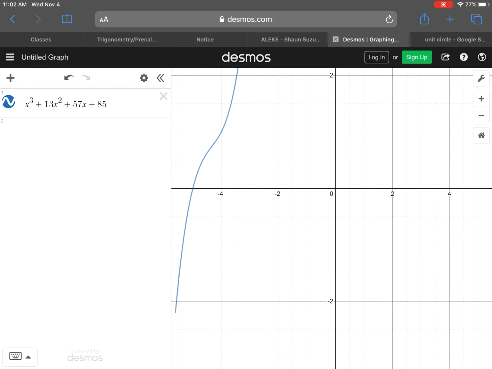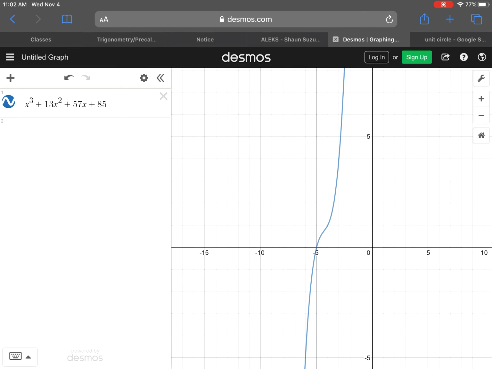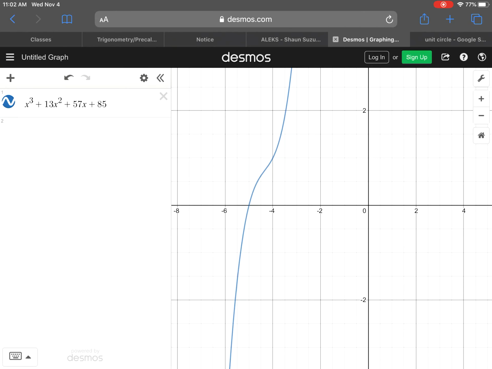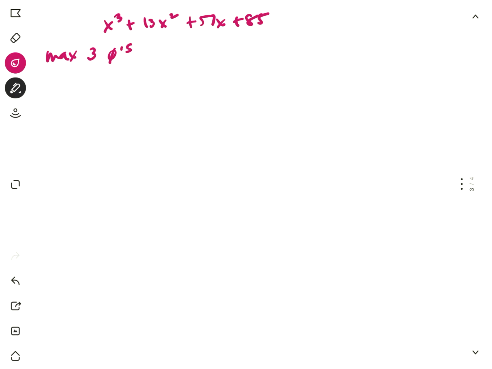All right, so look here. It looks like we only have 1 zero, and that zero is at -5. So we'll work off that one. We know the real zero is at -5.